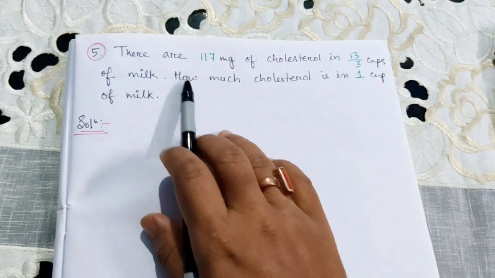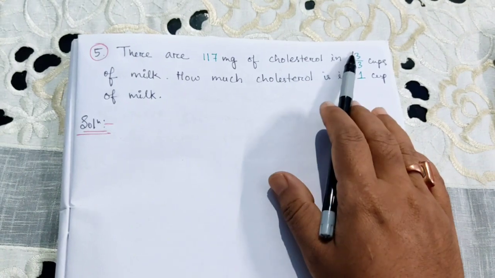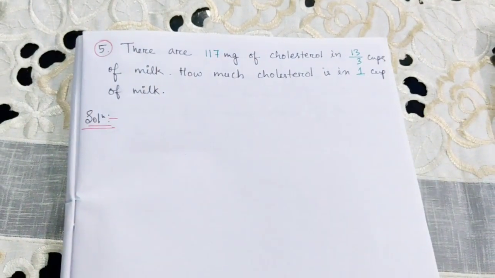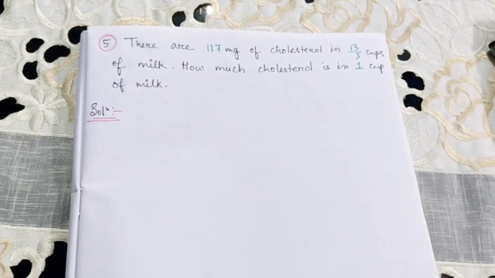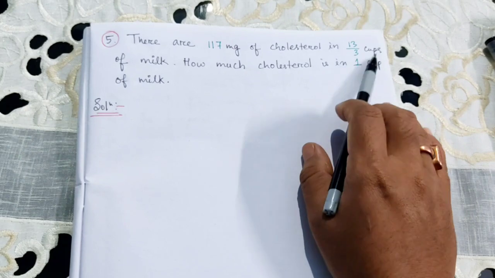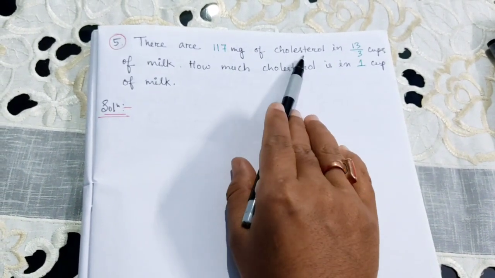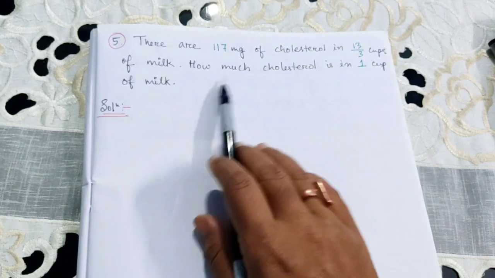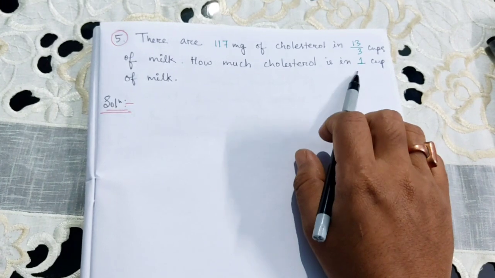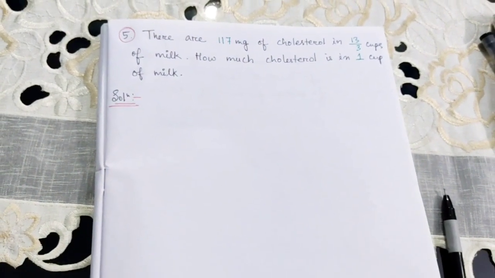Next question, there are 117 milligram of cholesterol in 13 by 3 cups of milk. How much cholesterol is in 1 cup of milk? So here in 13 by 3 cups of milk, 117 milligram of cholesterol is there. Now you will have to find in 1 cup. So you can see in 1 cup the amount of cholesterol will decrease.